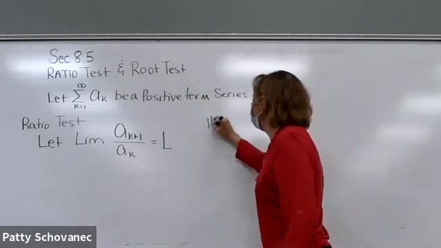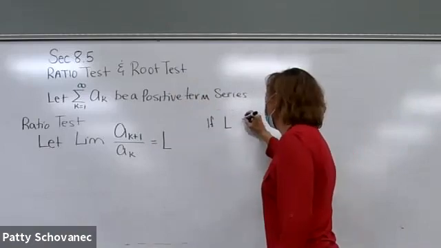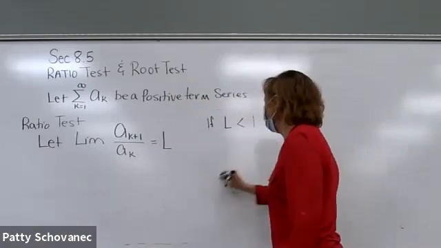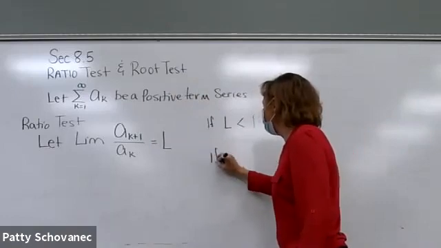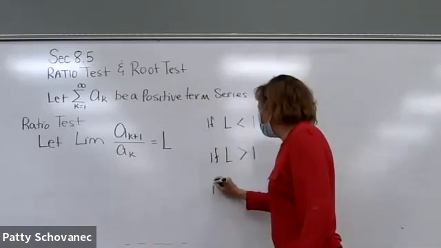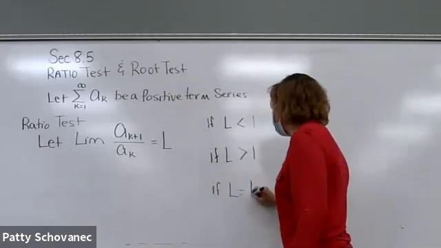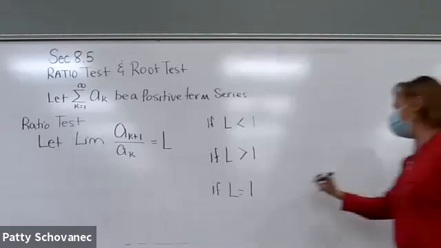If that limit is smaller than 1, I get a conclusion. If that limit is bigger than 1, I get a conclusion. And if that limit is equal to 1, we don't get a conclusion. If the limit is equal to 1, this test fails.